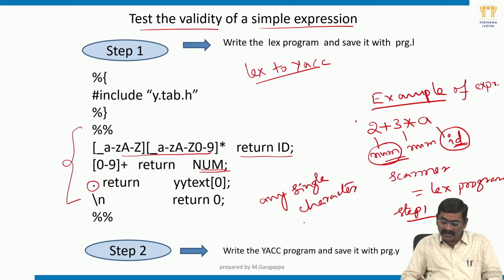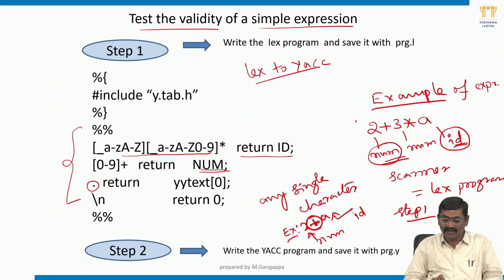For example, 2 plus a. 2 can be recognized by the number, and a can be recognized by ID. But how can plus be recognized? Plus is a single character, right? So in order to recognize this single character, we use dot.